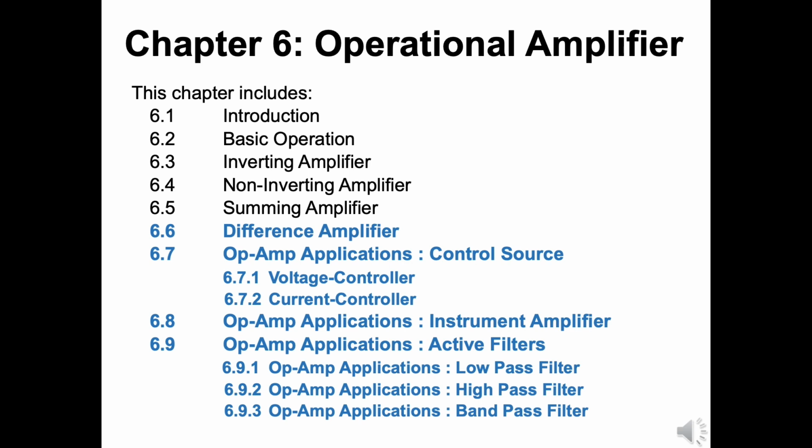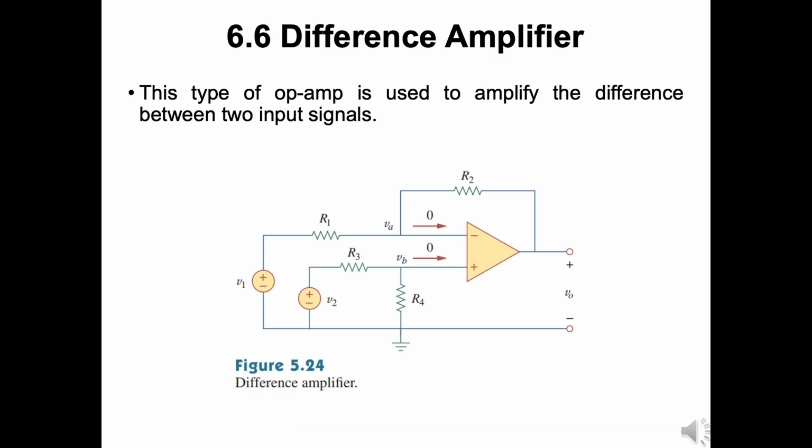We will discuss operational amplifier applications afterwards. Here, controlled sources, instrumentation amplifier, and the active filter will be the sub-chapters related to the three main chapters here. Okay, let us start our lecture.